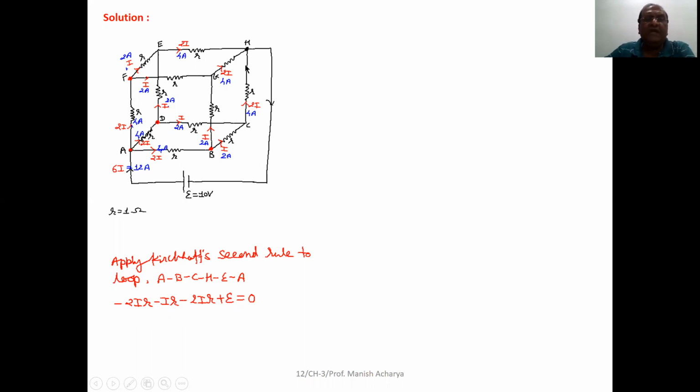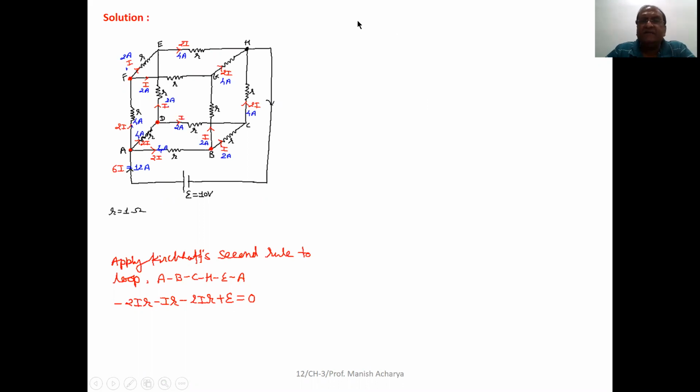Then C to H, current through resistor R is 2I, and we are moving in the direction of the current, so again the potential difference is minus 2IR. Then H to E to A, you are moving through the battery from negative terminal to positive terminal, so potential difference across that battery is plus E, and finally when you reach A, we can write that this is equal to 0.